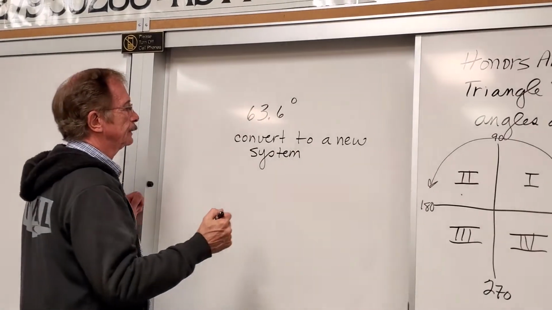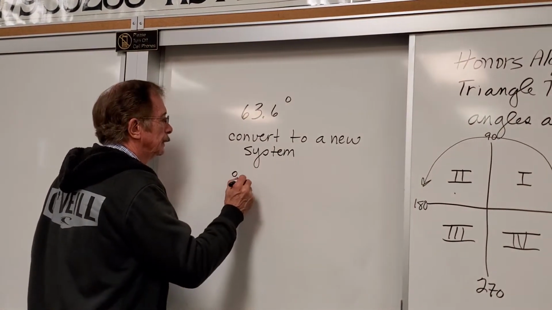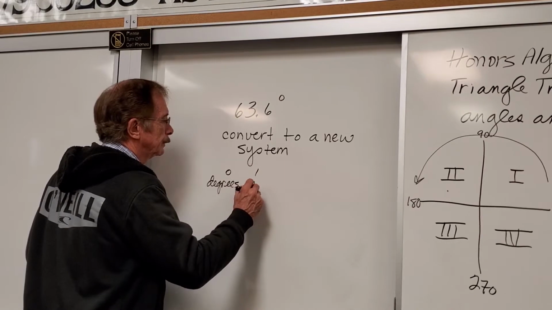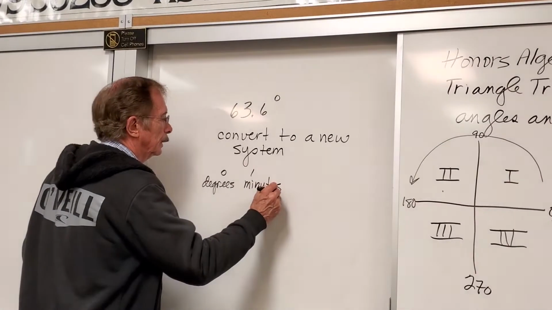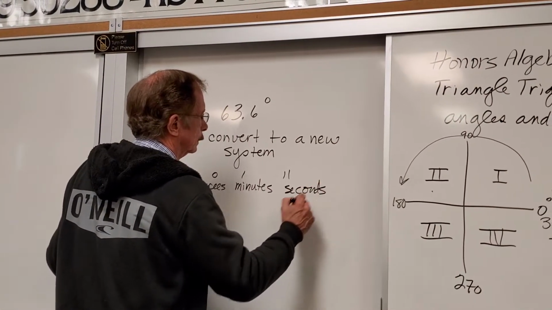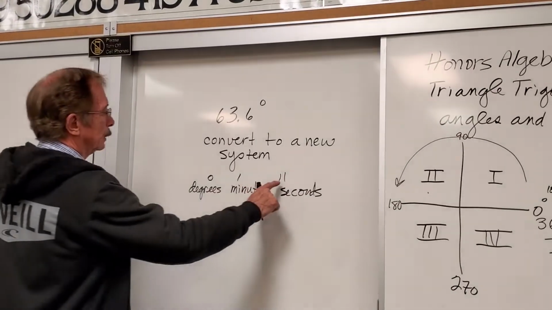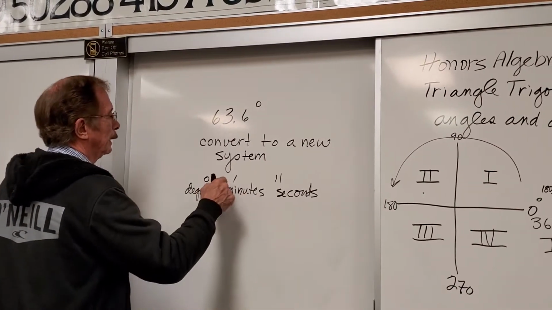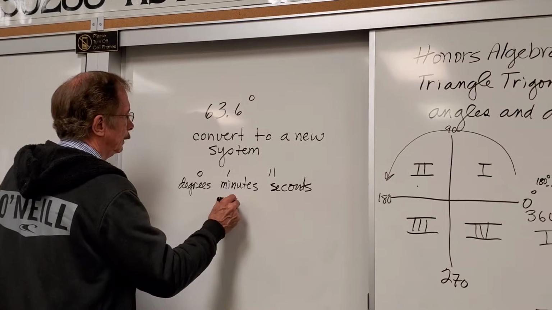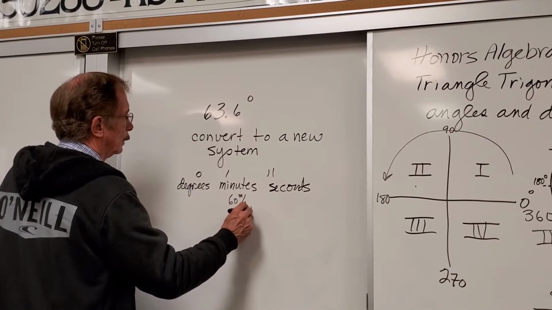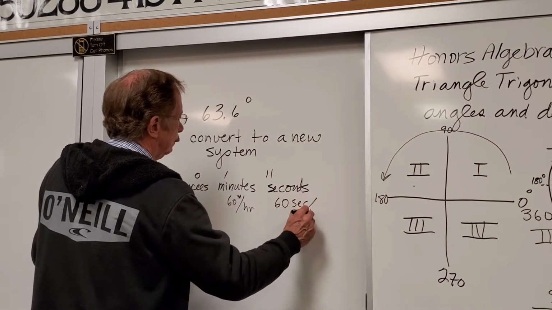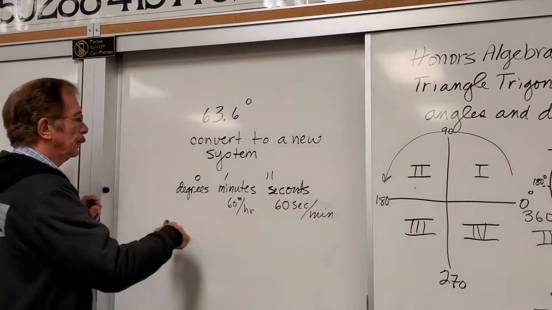And the new system is this. We have degrees, we have minutes, and we have seconds. Now, seconds are two little hash marks like that. This is 1 for minutes, and as you know, there's 60 minutes per hour, and there are 60 seconds per minute. So those are the units we're going to be working in.